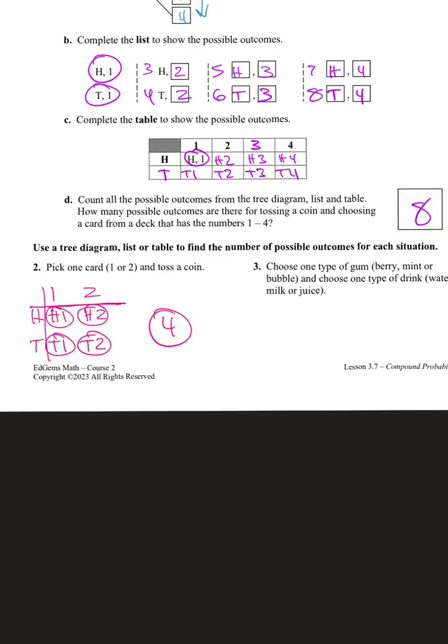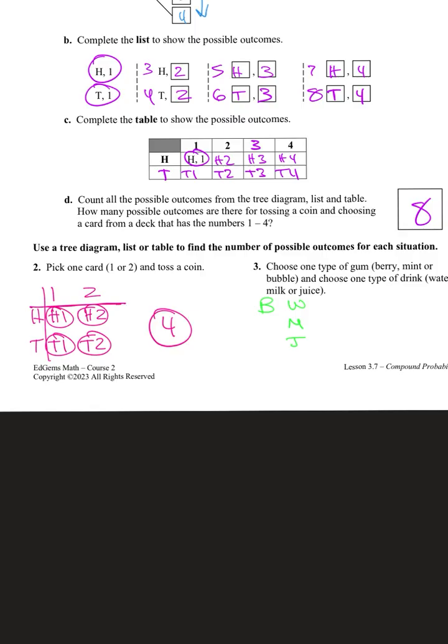Let's take a look at number 3. Okay, so on number 3, it says choose one type of gum, berry, mint, or bubble, and choose one type of drink, water, milk, or juice. Sounds like a tasty combination. So what I'm going to do in this case is make myself a list. I'd like to start off with berry, mint, or bubble. For the berry gum, what are my possibilities when it comes to drinks? Well, there's water, there's milk, and there's juice.